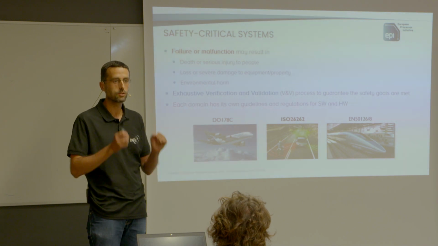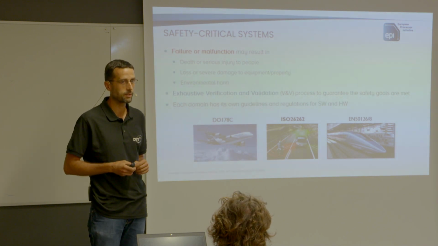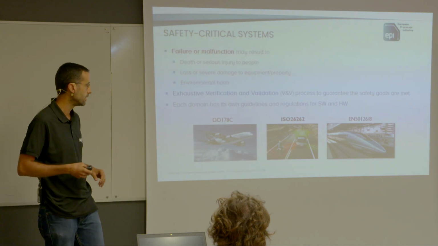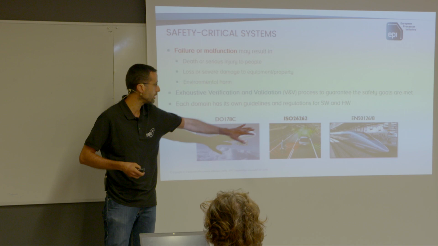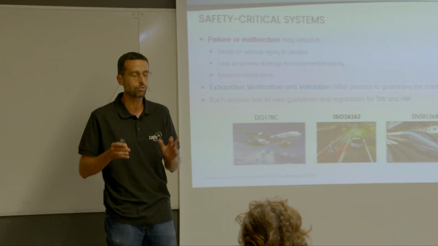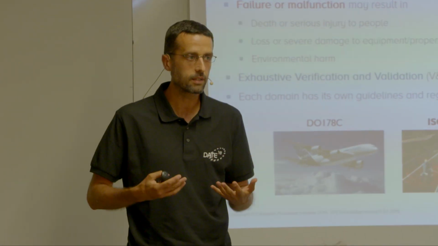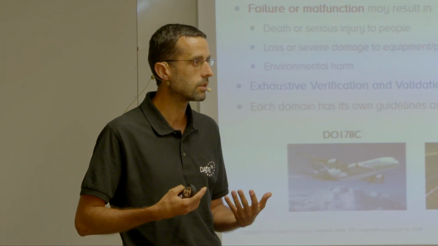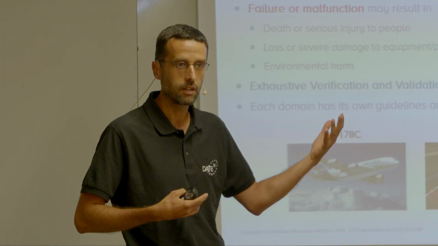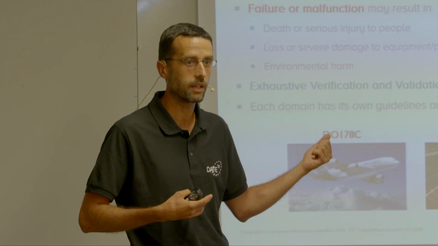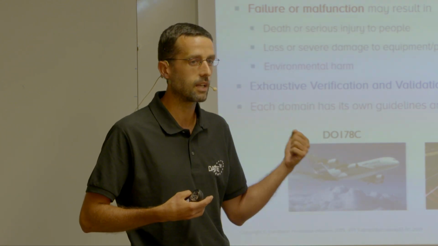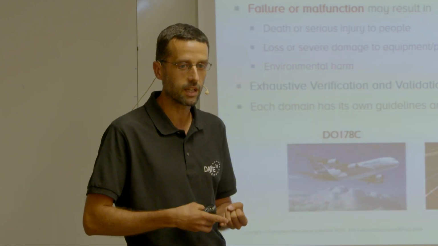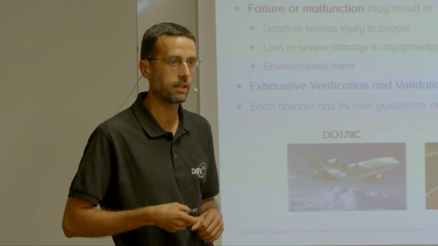But it won't be just you plug here a processor and see what happens, but there's a whole set of processes behind. Of course, there are other domains, avionics, railway, each one has its own protocols, but in spirit, they share the same goal. You first need to take into account what damages you can create, and this determines the level of depth and investment on the design and the verification and validation of your system.